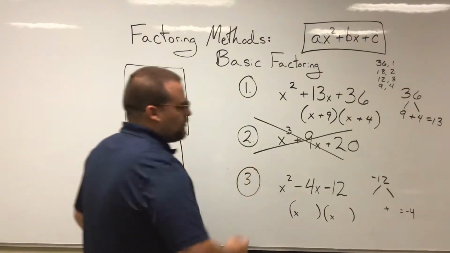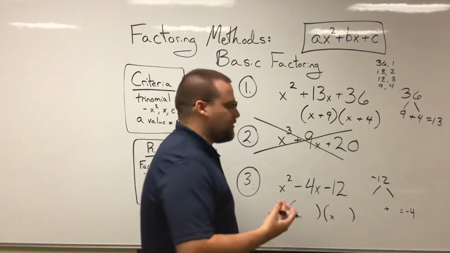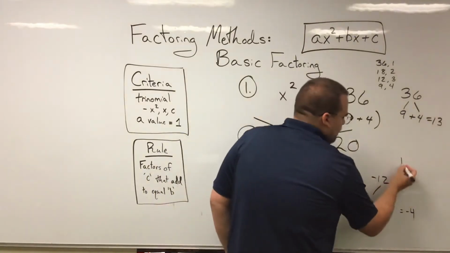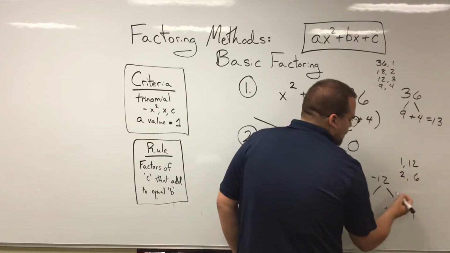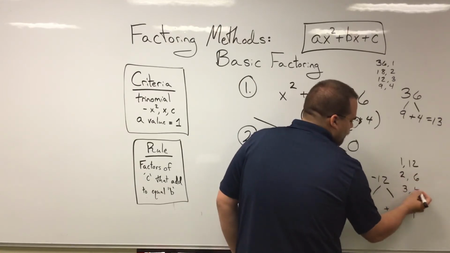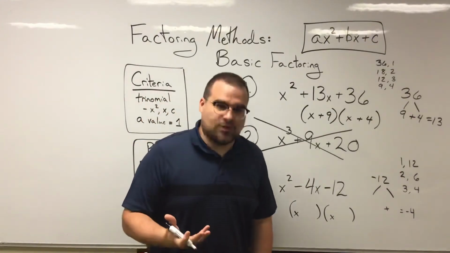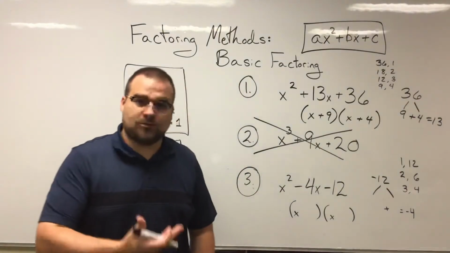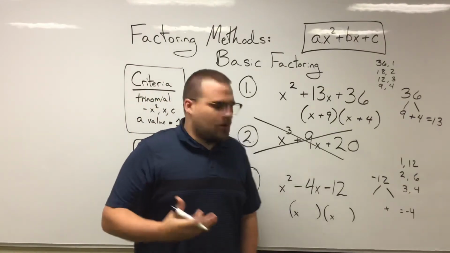So let's go ahead and look at some factors of 12. We'll think about what it means for this 12 to be negative in a moment. But factors of 12 are going to be 1 and 12, 2 and 6, and then 3 and 4. Now we know since it's a negative 12 that they're factors of, one of these numbers is going to be negative. In each of those pairs, one has to be negative.